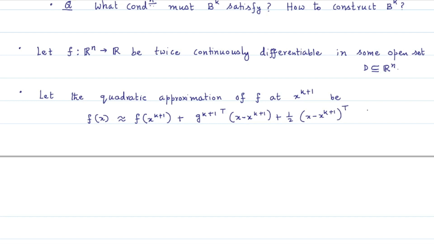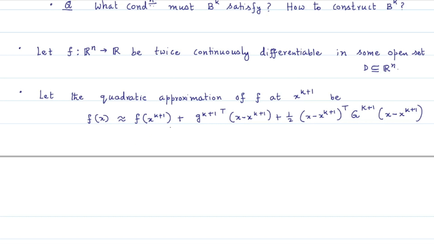But as we do not want to compute the second order partial derivatives, or use the second order partial derivative information, what we do here is consider a matrix, say Gk+1, a symmetric positive definite matrix that approximates the Hessian of the function f at the point xk+1.